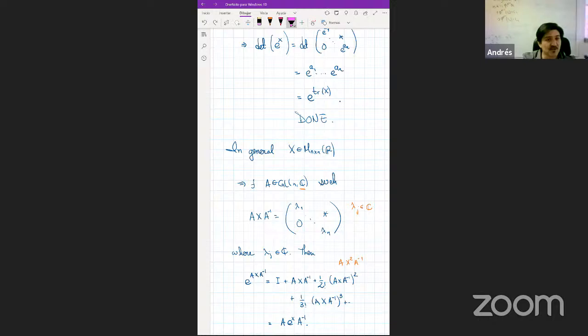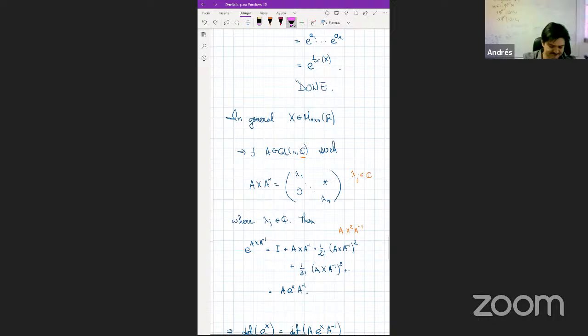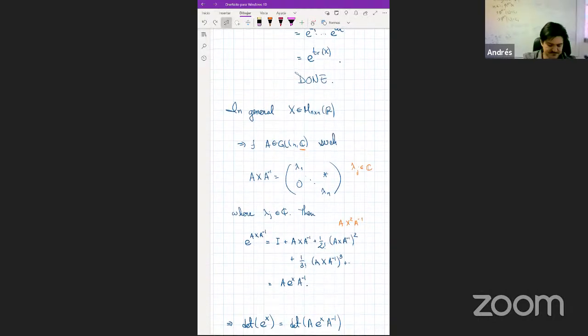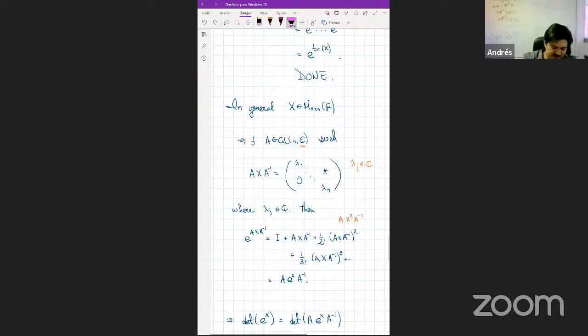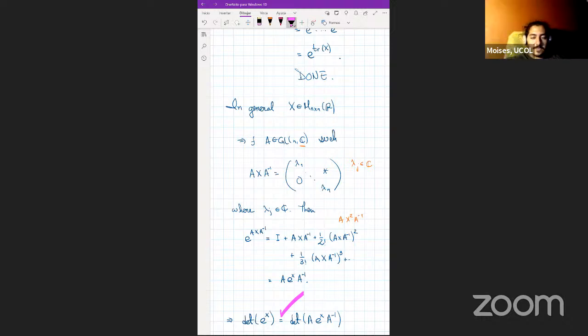I want to compute the determinant of e to the x. Why is this equality true? Because the determinant of A cancels the determinant of A inverse, since the determinant is just a number, quote unquote. Right, so we need two results.